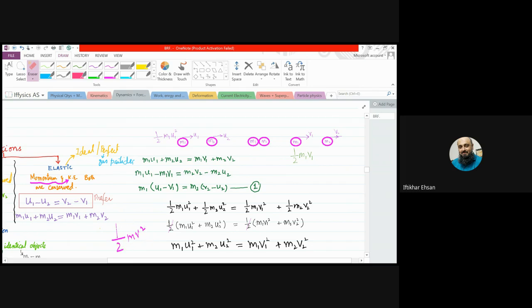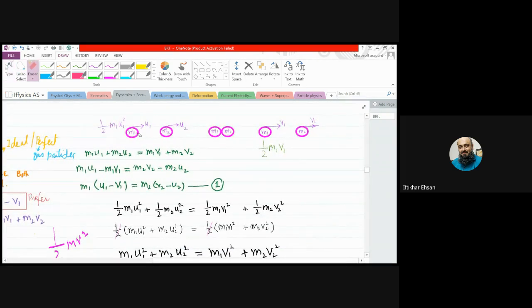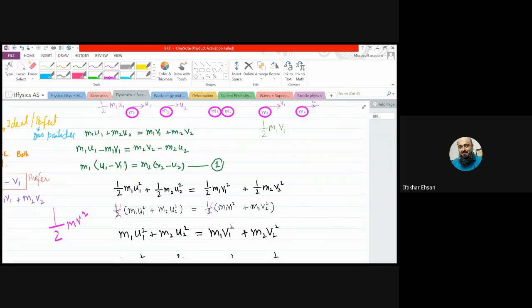So when we say that kinetic energy is conserved, initially M1 was having a velocity of U1. What will be its kinetic energy? In place of m we will write m1, and for v we will write its velocity u1. Which formula are we using?